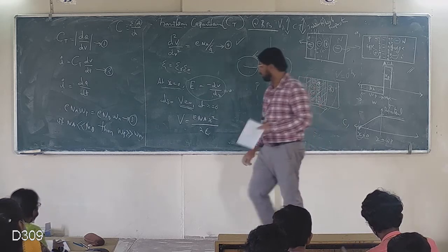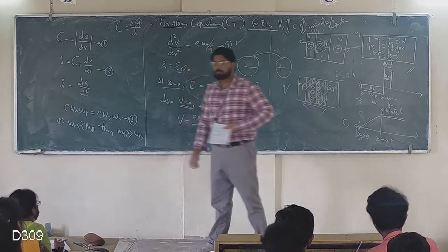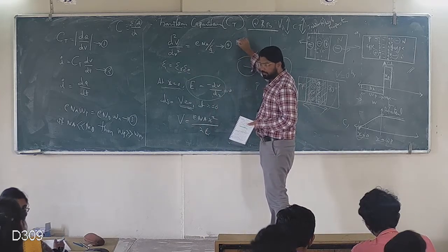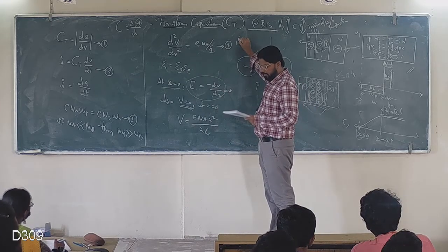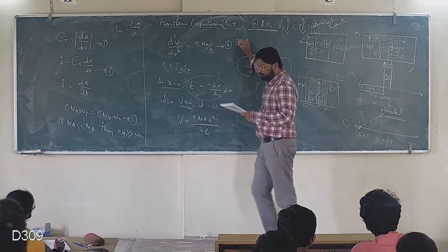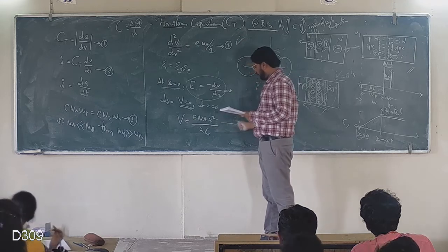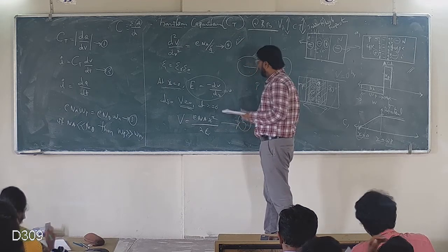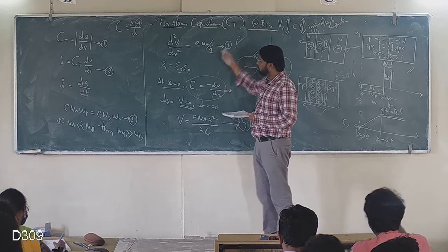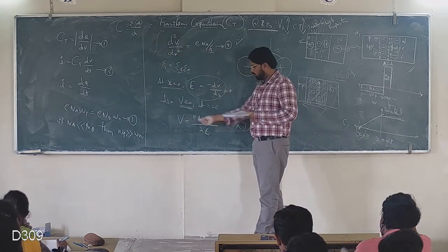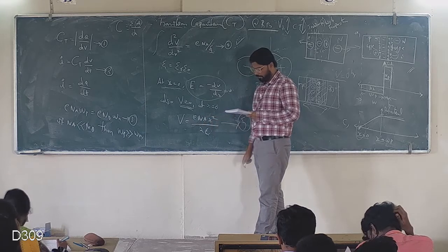Next line, integrating equation number 4, we have got this equation number 5. Integrating this, we have got V equal to e N A x divided by 2 epsilon.